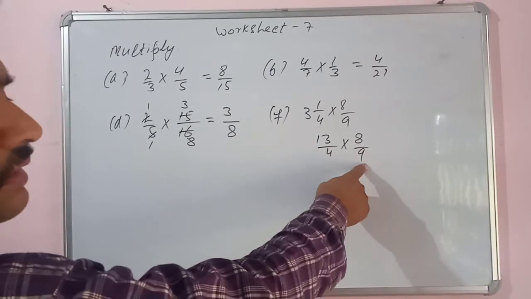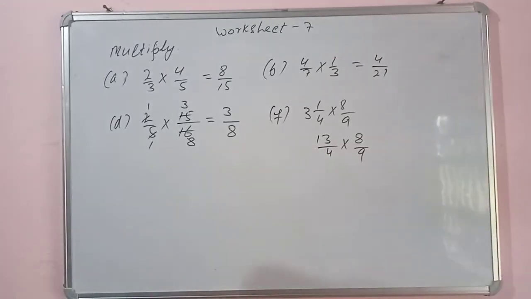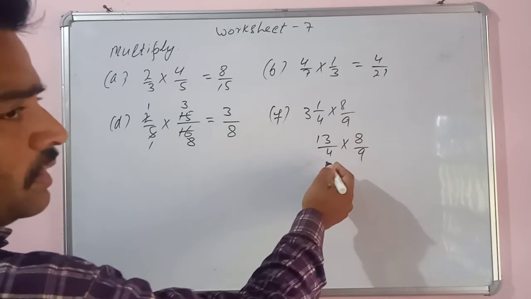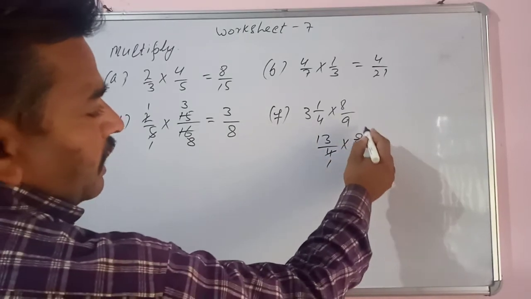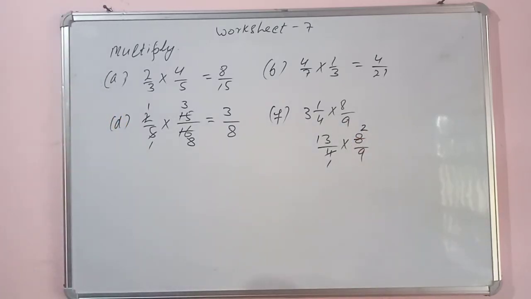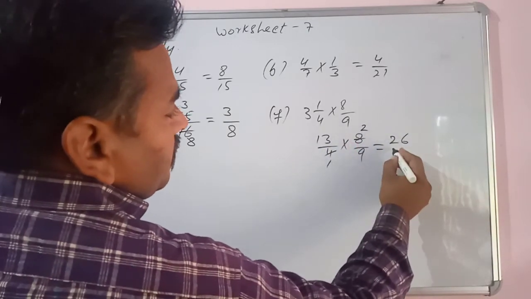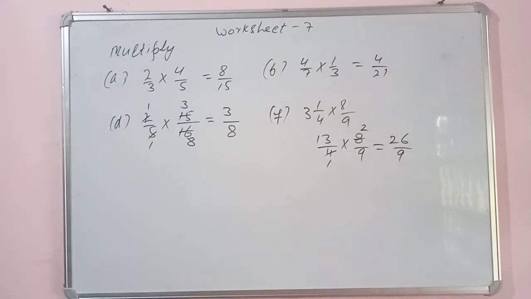Neither 4 nor 9 is divisible by 13. So can we divide 13 with 4 or 8 with 4? Yes. So we can divide 8 with 4, 4 1s are 4 and 4 2s are 8. Now it is 13 2s are 26 and 1 9s are 9. So 26 by 9 is an improper fraction.